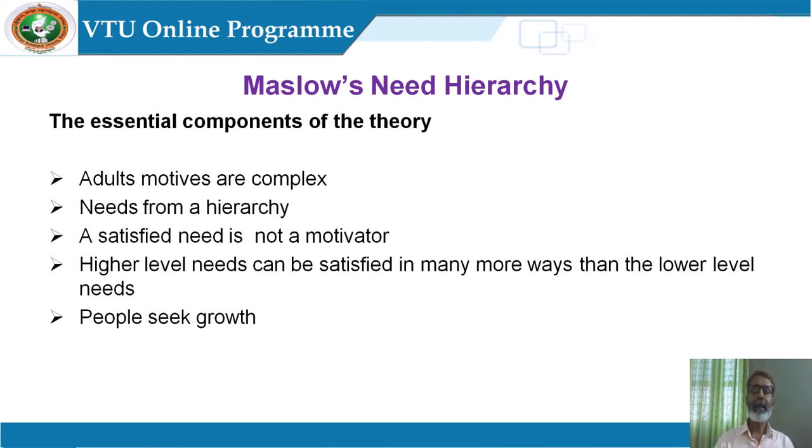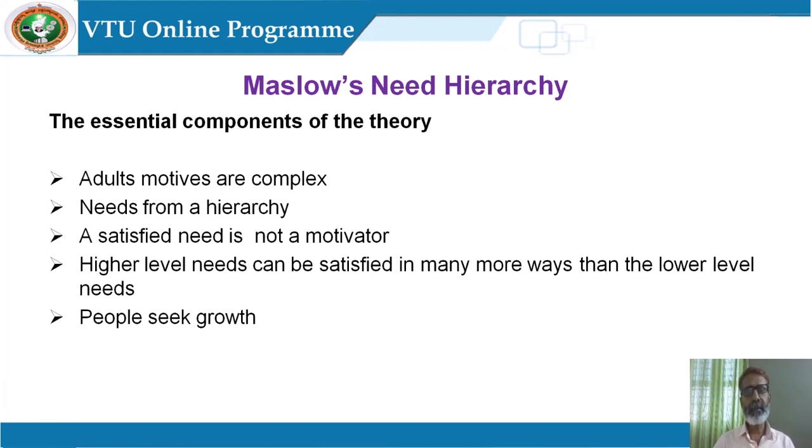To move ahead, will buying a car become a motivator for you? Maybe one more high-end car might be the motivation. Maybe once you have a car, you may think of going for your own house. That is the next level requirement. So a satisfied need is not a motivator, is one of the essential components.